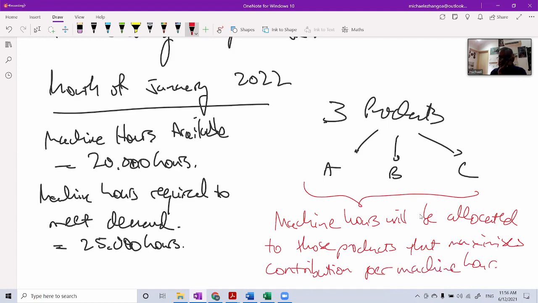It makes sense in, again, applying the relevant range assumption.